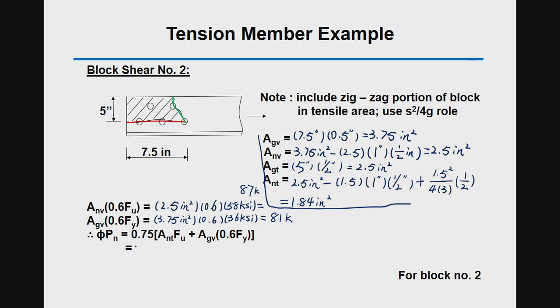So eventually VPN equals 0.75 times ANT. So ANT changes.